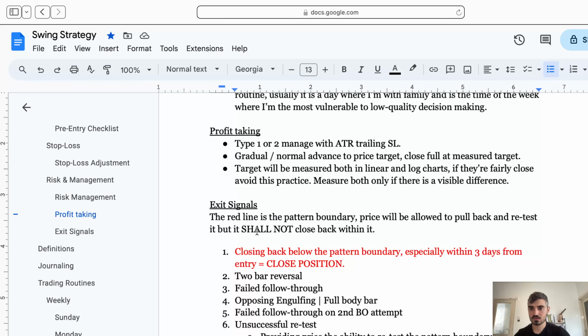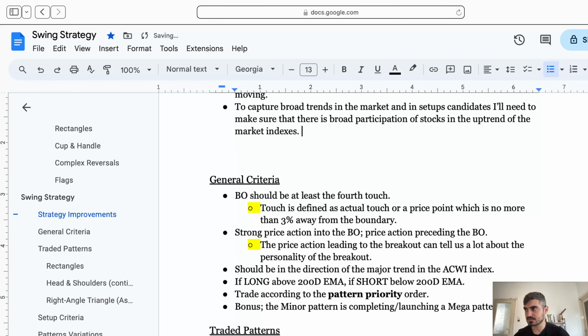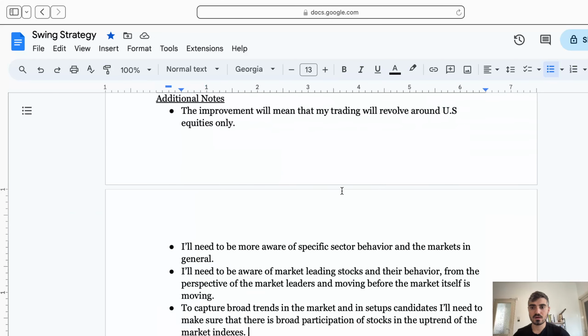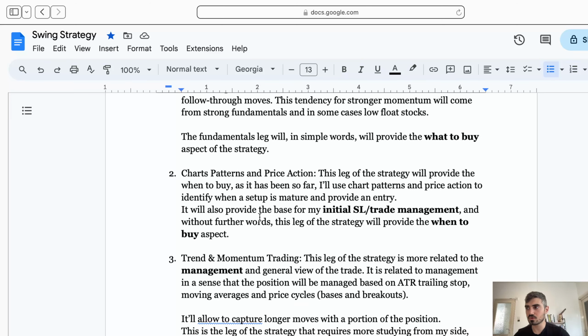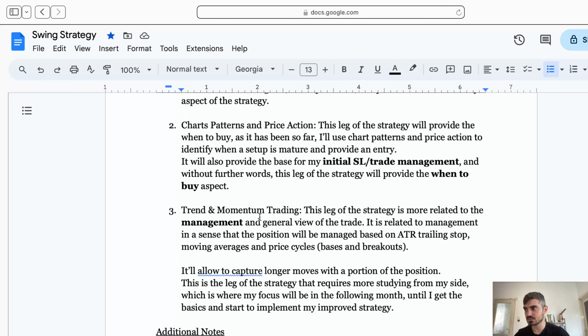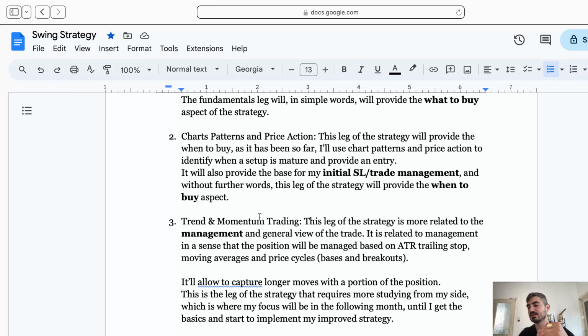But what I want to say is that in my current strategy, the pure classical chart pattern and price action strategy, if I had a breakout type 1 or breakout type 2, which are not showing up that frequently, but when they do, I want to take a partial position and let the rest run based on trailing stop loss.